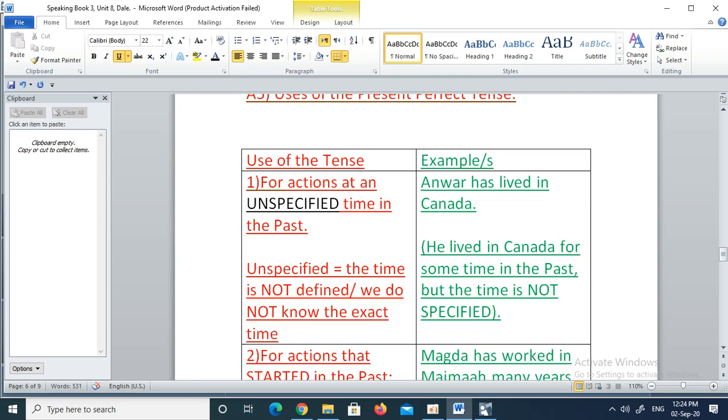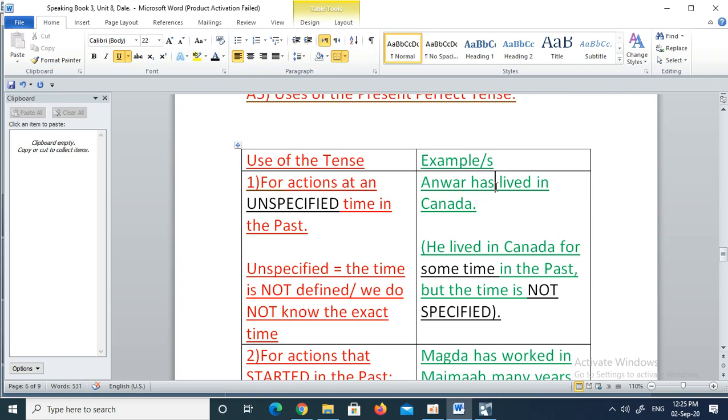All right. So if I say Anwar has lived in Canada, he lived in Canada for some time in the past, but the time is not specified. I don't know if he lived in Canada for 3 years. I don't know if he lived there from 2011 to 2012. All I know is that he lived in Canada, but there is no specified time.